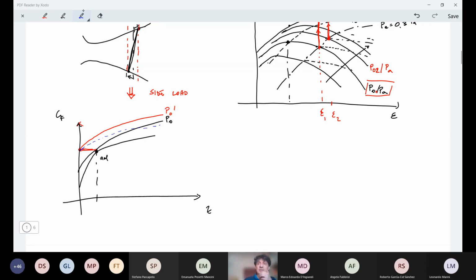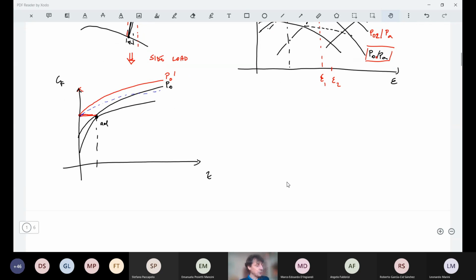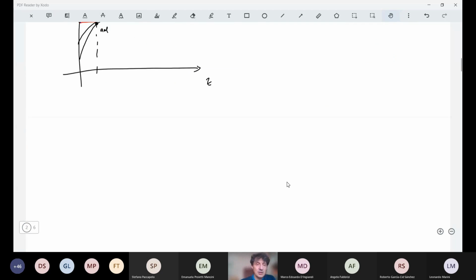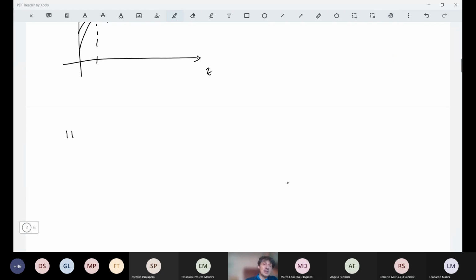So after this summary of thrust coefficient of ideal nozzle, I would like to give you some more information about when we move from ideal to real nozzles.